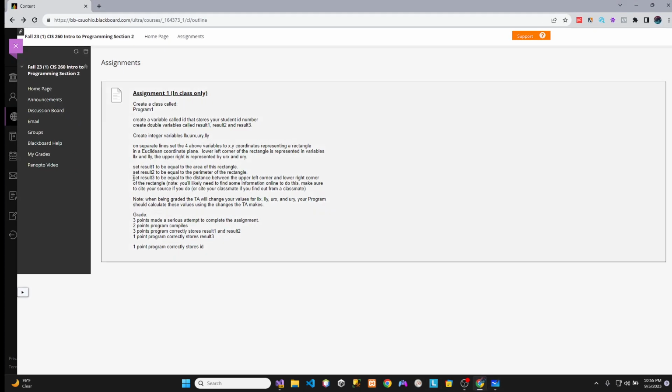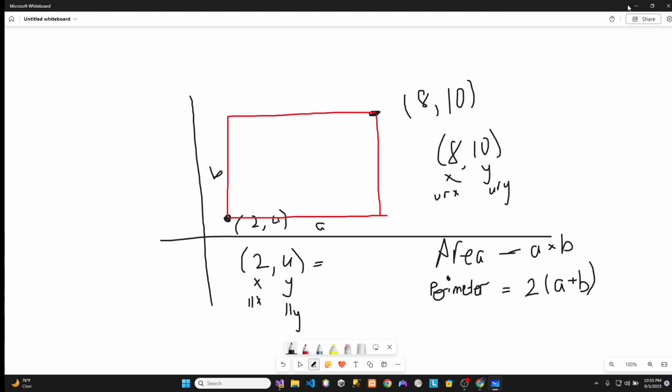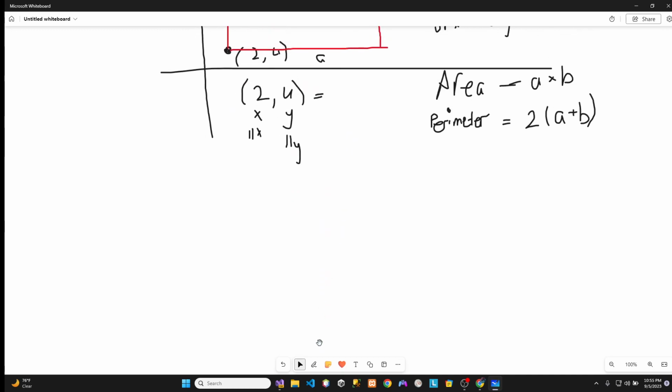So for result 3, we are going to choose a different method. Okay? So let's go ahead, and here I'm gonna draw my graph again on a better plane. 1, 2, 3, 4, 5, 6, 7, 8, 9, 10. 1, 2, 3, 4, 5, 6, 7, 8, 9, 10.